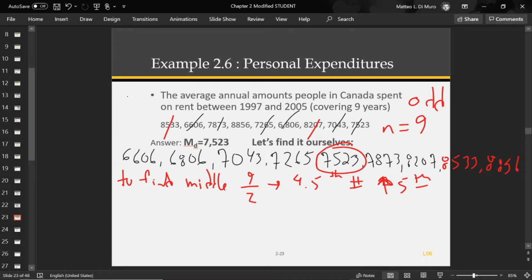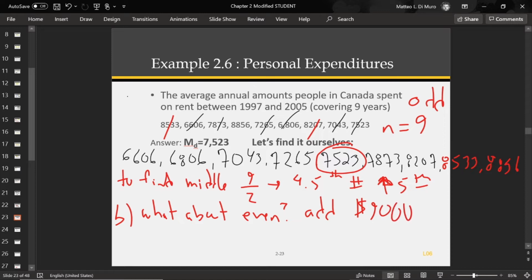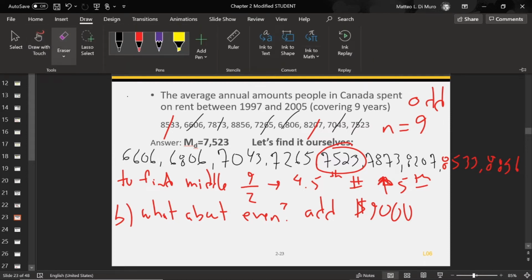So let's go to part B and say, what about even? Let's arbitrarily add 9,000. We can just tack it on to the end and it's not going to be too hard. I'm going to have to do some erasing here.